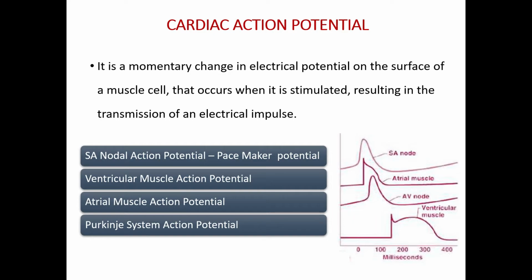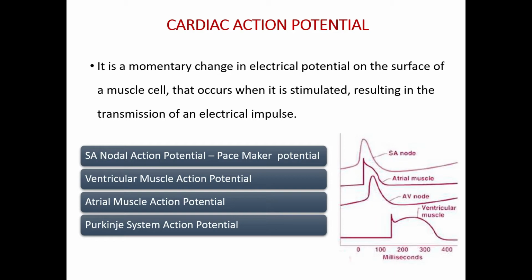The stimulus is basically generated from the pacemaker in the heart. As we already know, there is no need for external stimulation for the cardiac muscles to contract. So the SA nodal action potential, or the pacemaker potential, is self-generated. First of all, the SA node will generate it automatically.